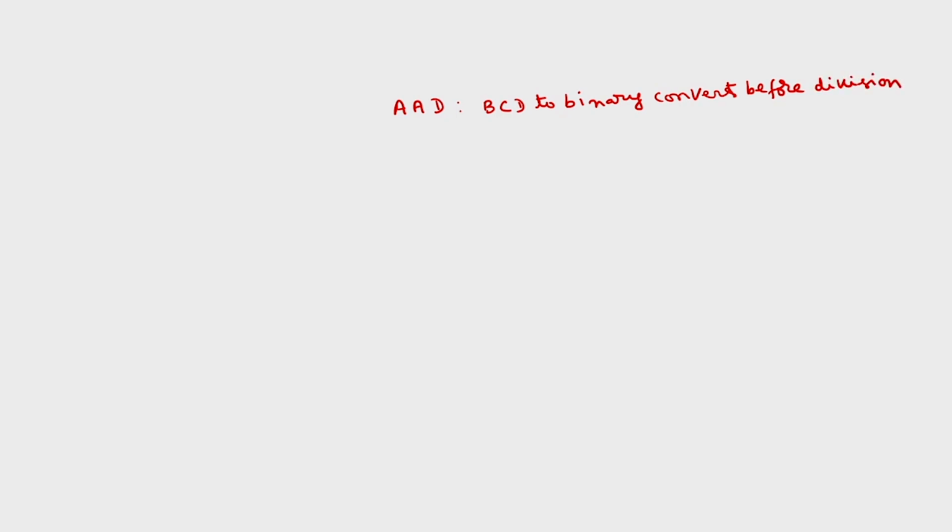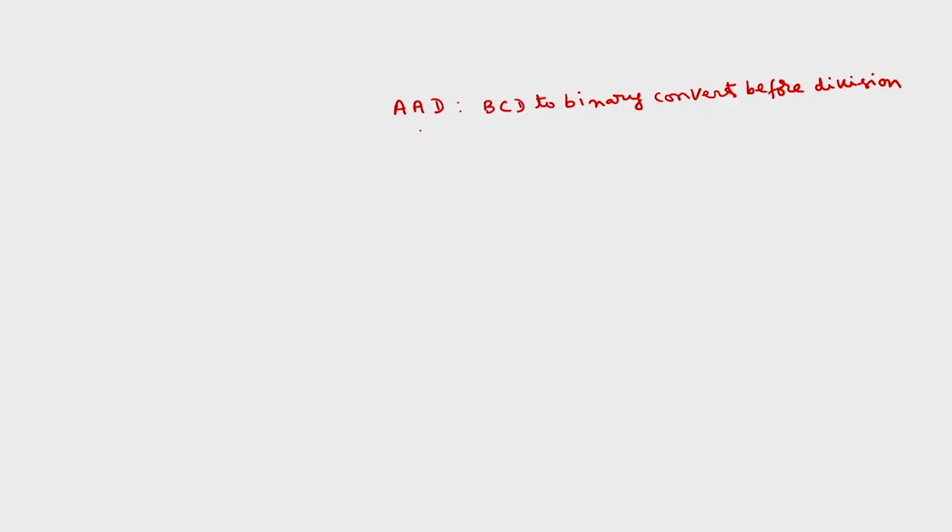The remaining instructions are used after arithmetic operations such as addition, subtraction, multiplication, whereas this one is used before division. BCD to binary conversion before division. So, in AAD, this will convert unpacked BCD digits. I have already discussed what unpacked means: only one BCD digit will be present in each byte.